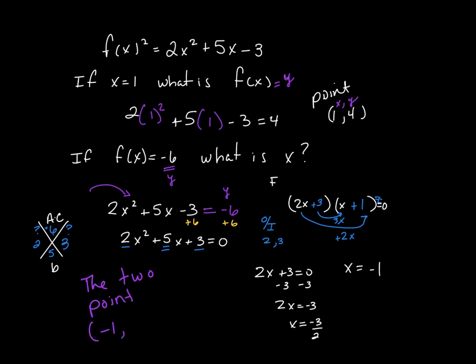The first one is 1, and then my second x value I found was negative 3 over 2. And remember back what the goal is. Our y value to start with was what? Our y value was a negative 6. So both of these points have a y value of a negative 6.